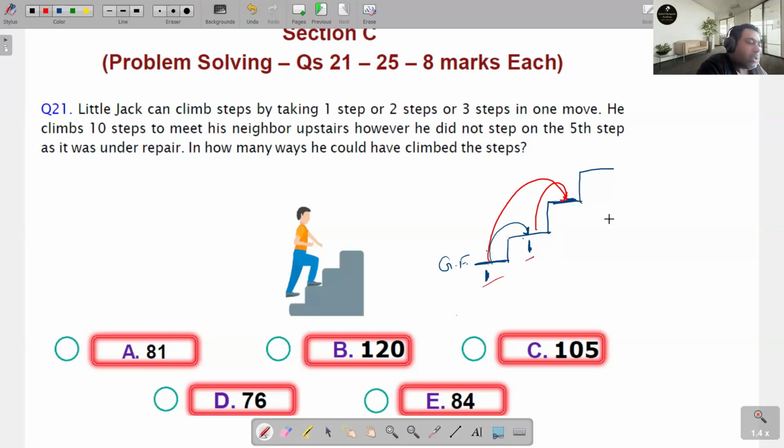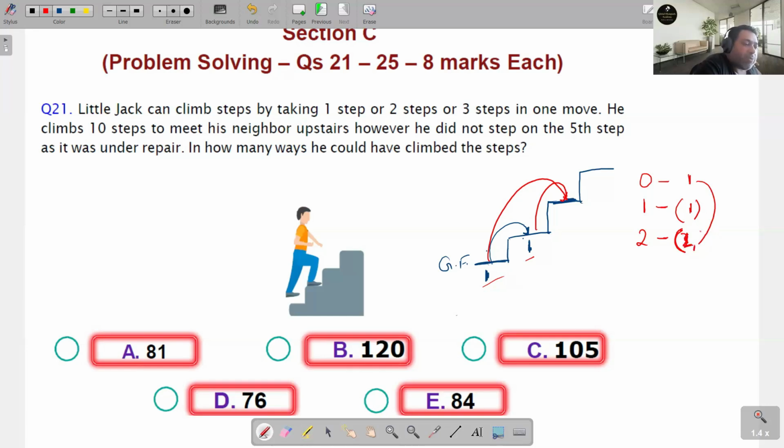So what is happening in the first step is only one way. Second one, you're either taking directly a 2 step from 0, correct?